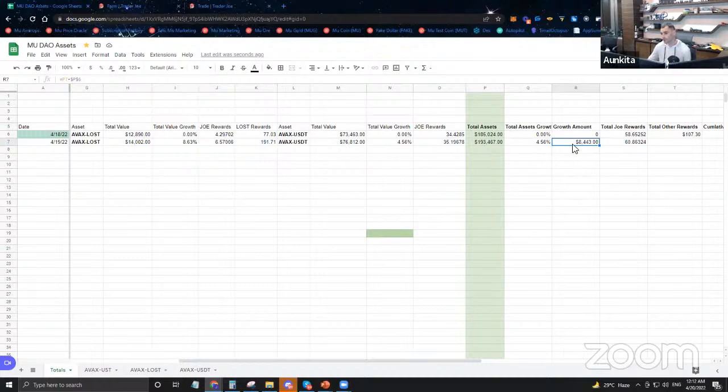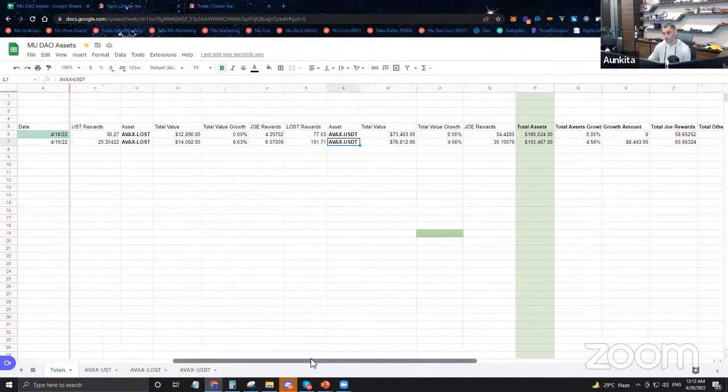This could actually change. It could end up going down or going up even more because it is dependent on the price at which these guys are trading. But overall, it's going to continue to grow.